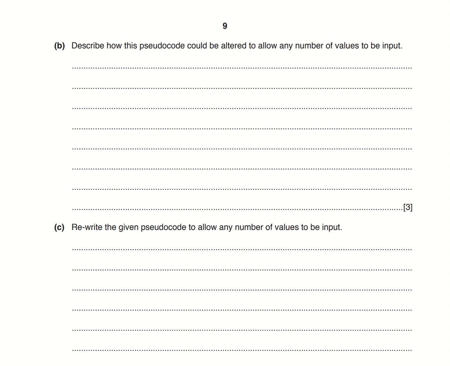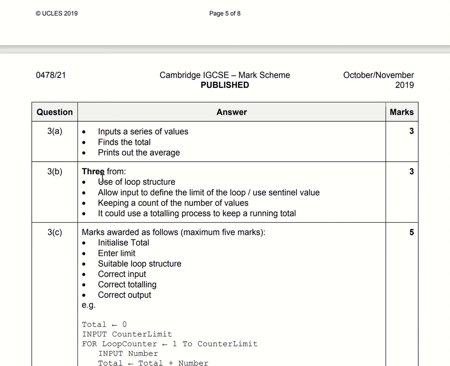Example, I'll show you. So use a loop structure where the input defines the limit of the loop. You keep a count of the number of values, and you keep a running total.